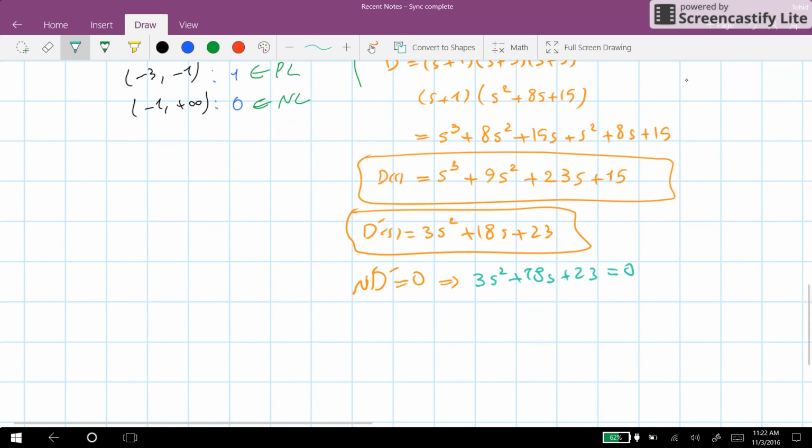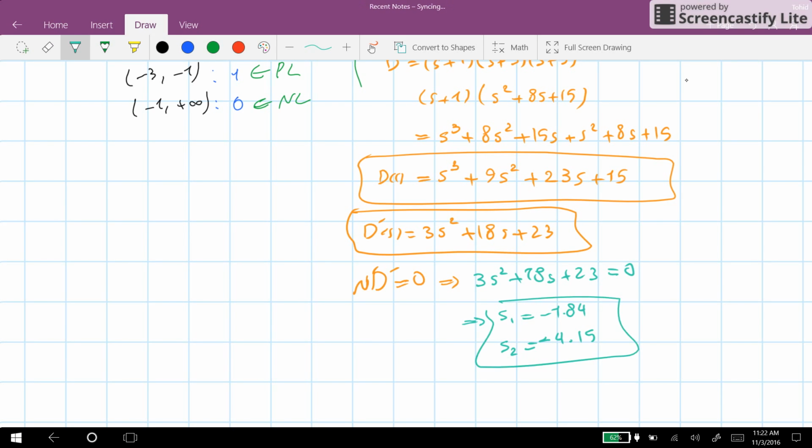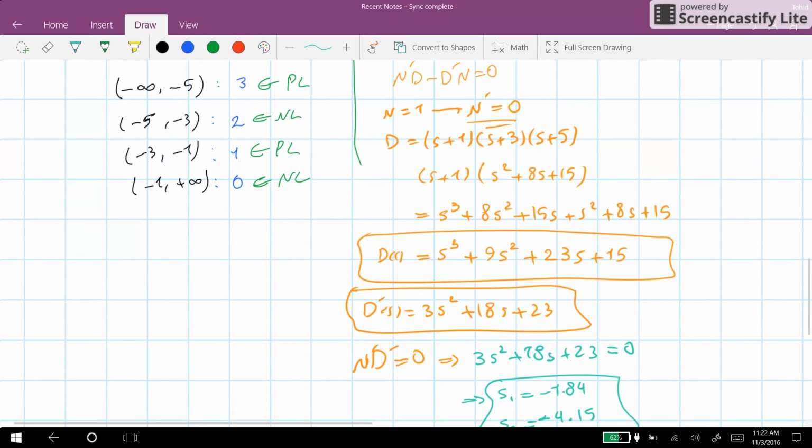We need to find the roots of this equation, and you will find s1 is equal to minus 1.84 and s2 is minus 4.15. So these are the breakaway points. One of them belongs to the positive locus, one of them belongs to the negative locus.